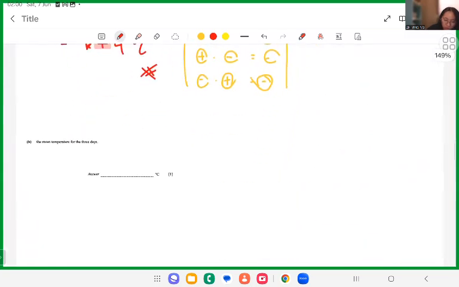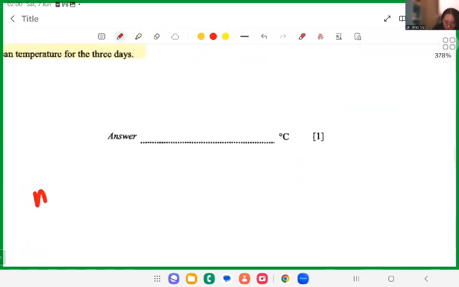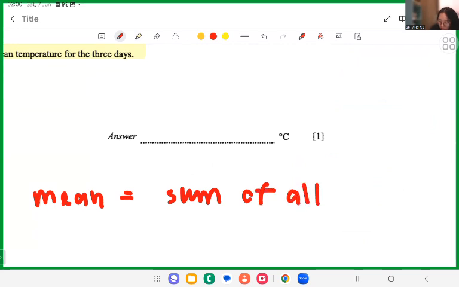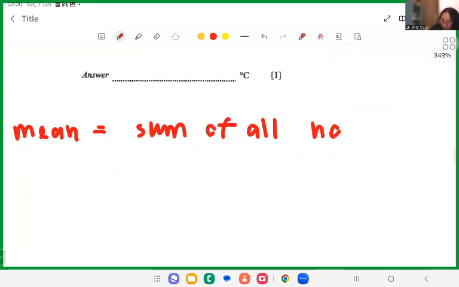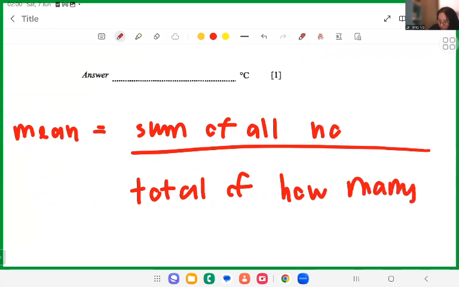For question B, it needs us to calculate the mean temperature for the 3 days. So to find the mean, we need to use the sum of all numbers divided by the total of how many numbers.